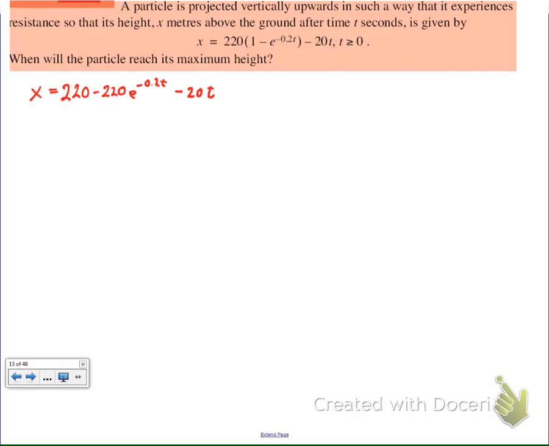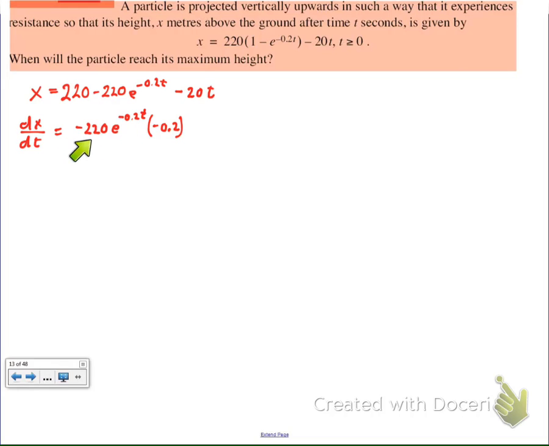The first thing I did, as you'll see, is distribute the 220 here just to make my calculus a little easier. Then it's 1, 2, 3 unique terms. To take the derivative, first the derivative of 220 is going to be 0, and then the derivative of an exponential function base e is itself, except for, let's not forget, the derivative of the exponent itself.